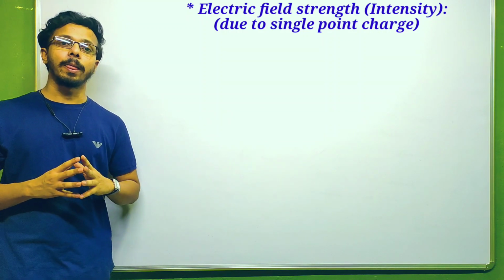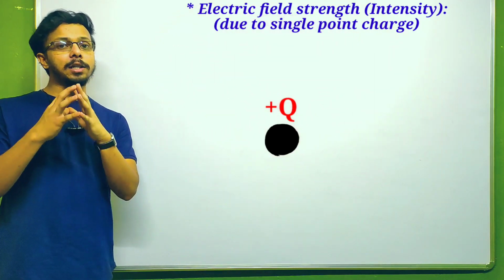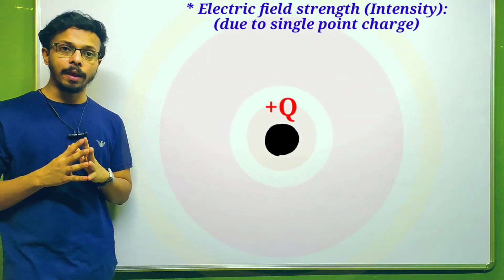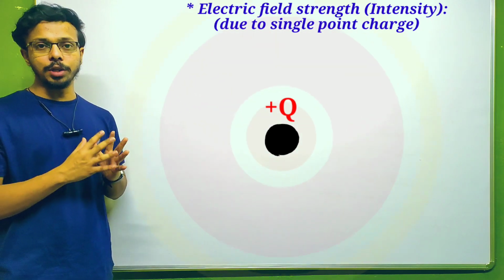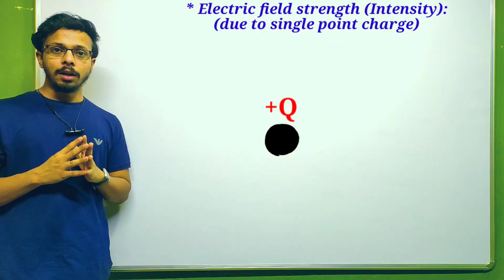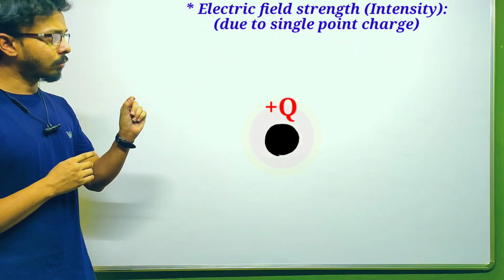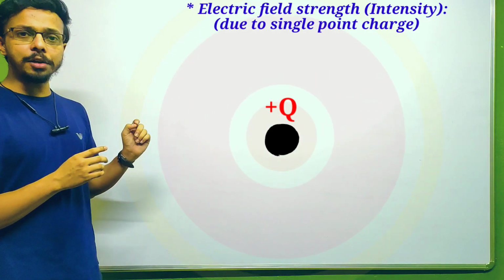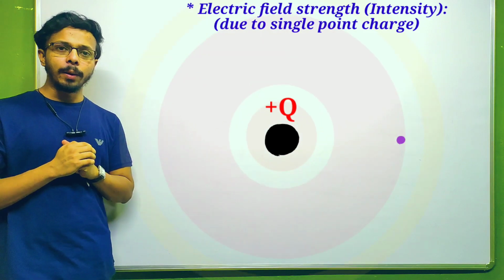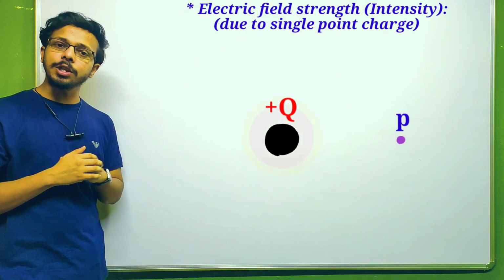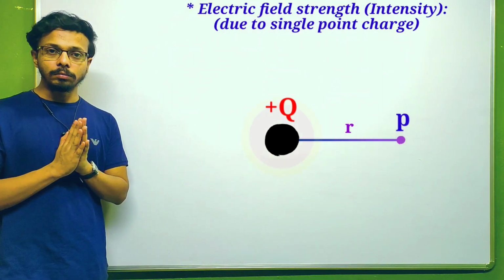Let us understand this. Now, to calculate the electric field strength or electric field intensity at any point inside the electric field of this positive charge, this source charge, let us consider a source charge, a plus Q charge. And let us consider any point P inside the electric field of this charge, which is at a distance r from it.